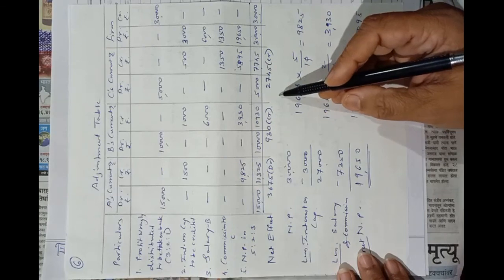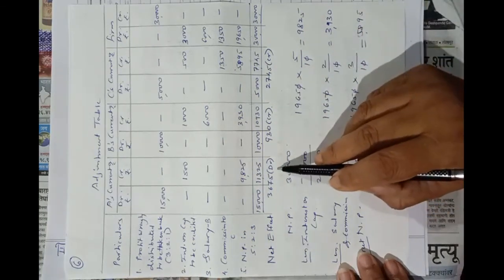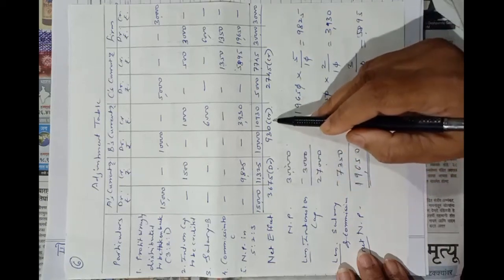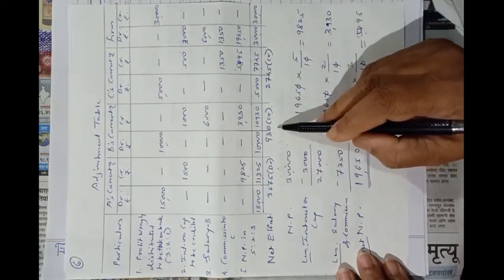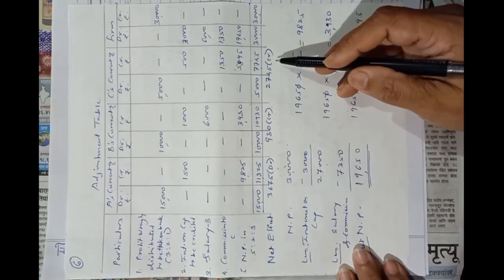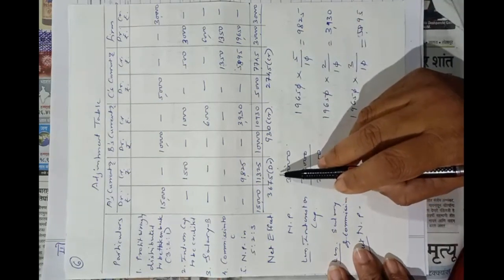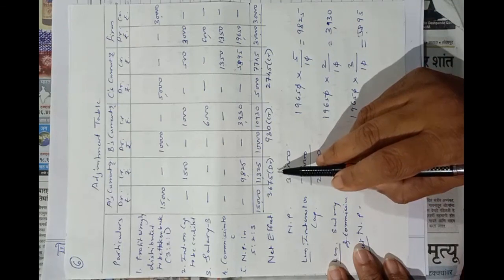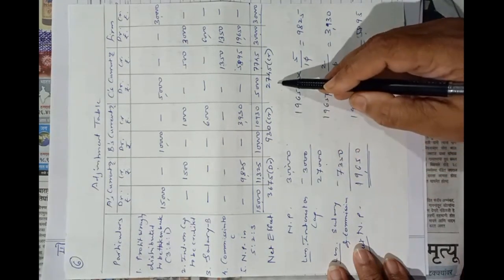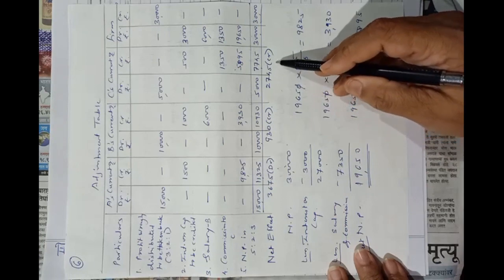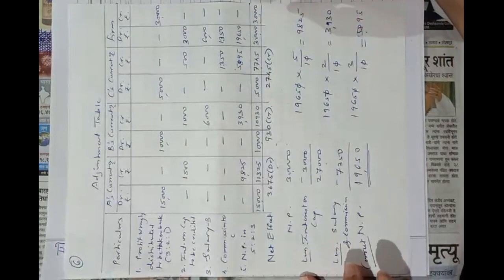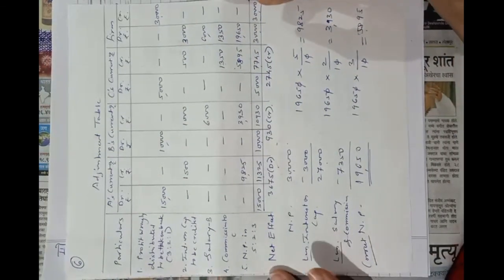Okay, so now you can pass the journal entry for this net effect. A's current account will be debited by 3675, and B's current account and C's current account will be credited by 930 and 2745 rupees respectively. So the entry will be A's current account debit 3675, to B's current account 930, to C's current account 2745, and the narration will be being the adjustment entry passed or rectification entry passed.